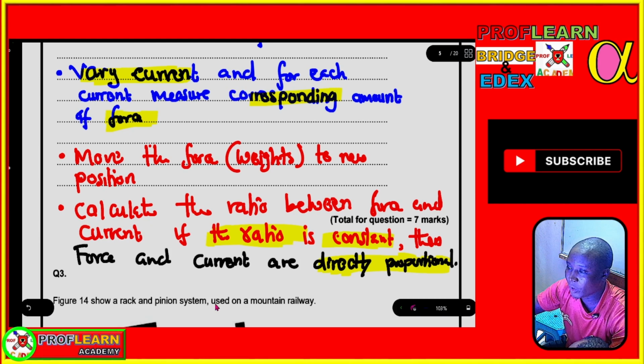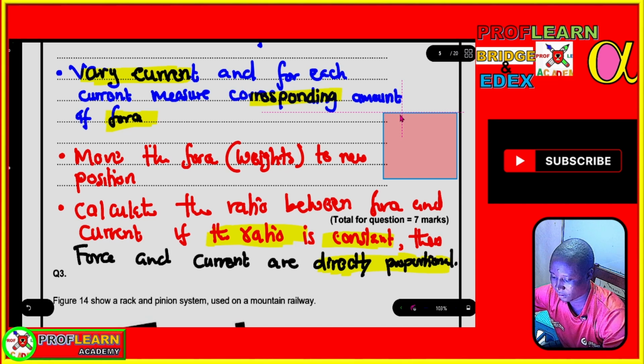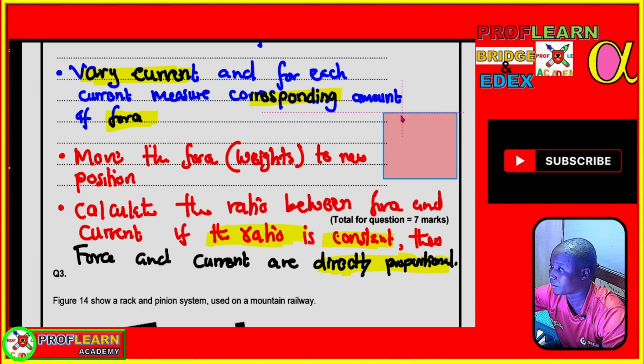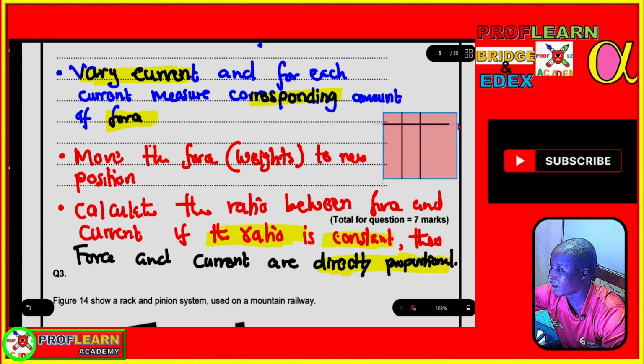So what I'm trying to say here is, we are going to take given data. We shall have a table of values, and at given points we shall have current, then also the amount of force.